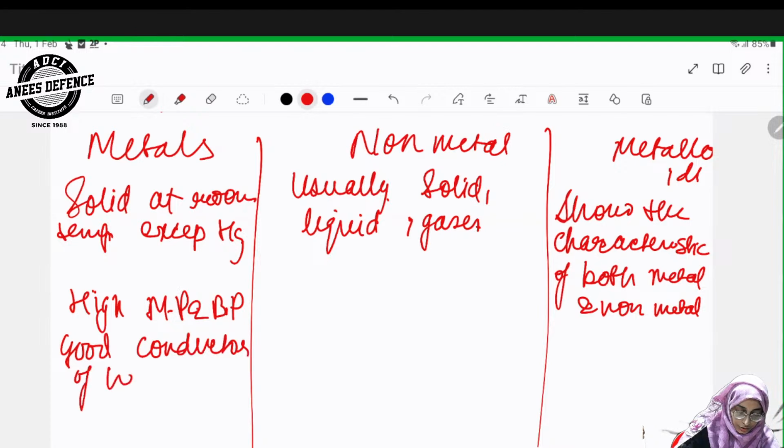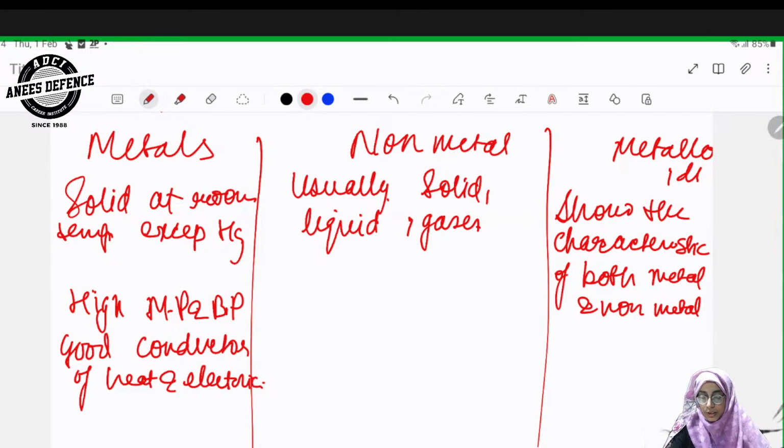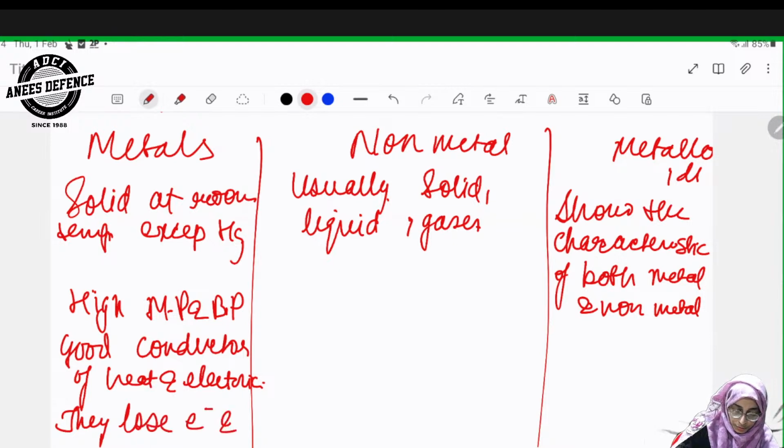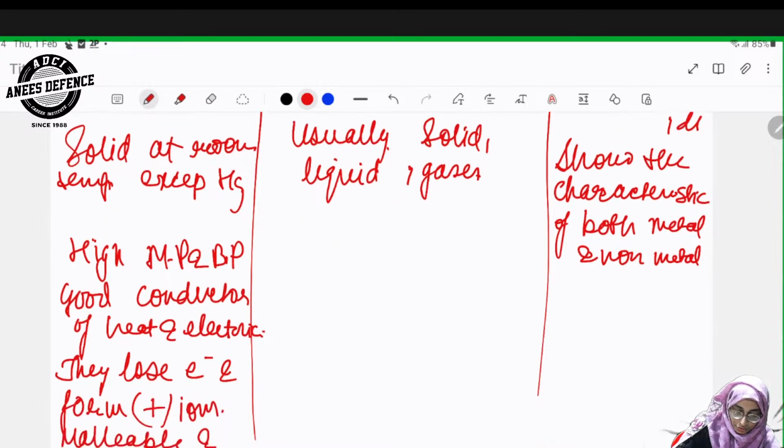Metals form positive ions, they lose electrons and form positive ions. Positive ions are called cations. They are malleable and ductile. Right now I told you about malleability and ductility.